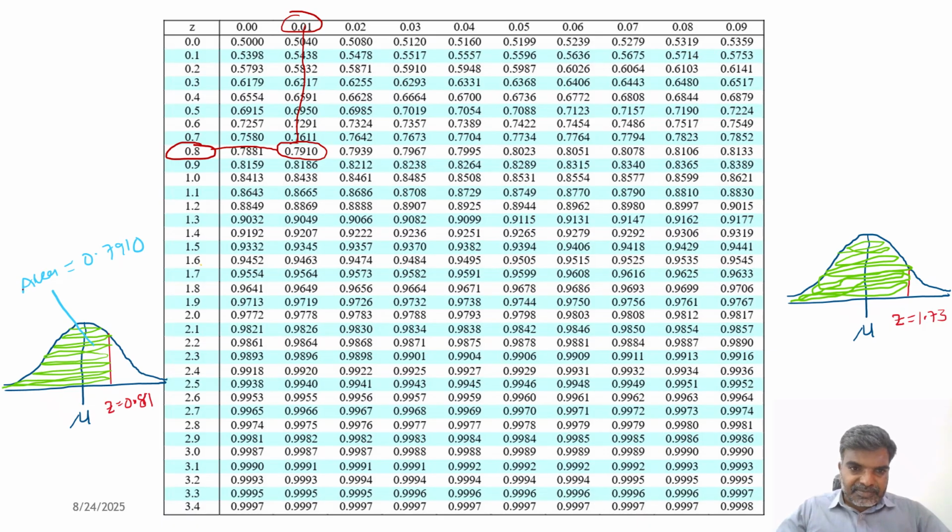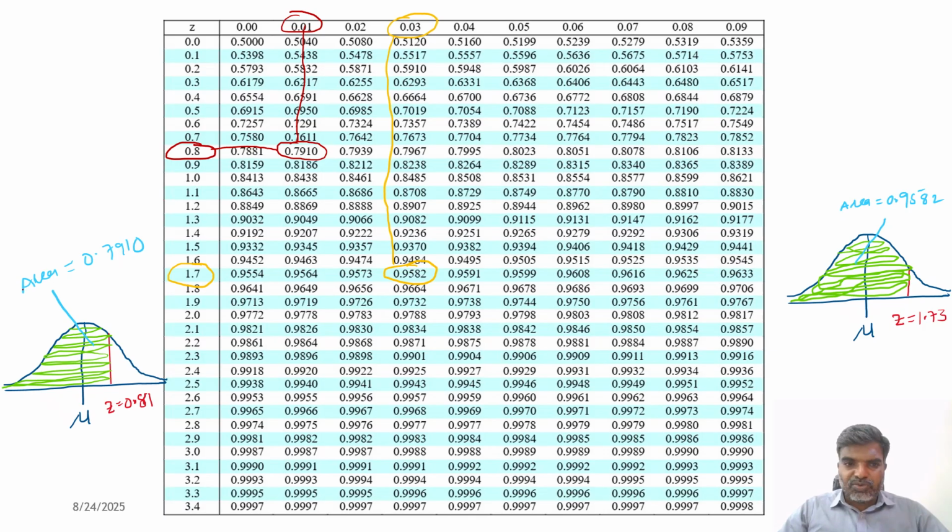Where is the 3? In the top row, you can see 0.03. So this is the corresponding value for 1.73. What is the corresponding value here? 0.9582. Look at this, 0.9582.